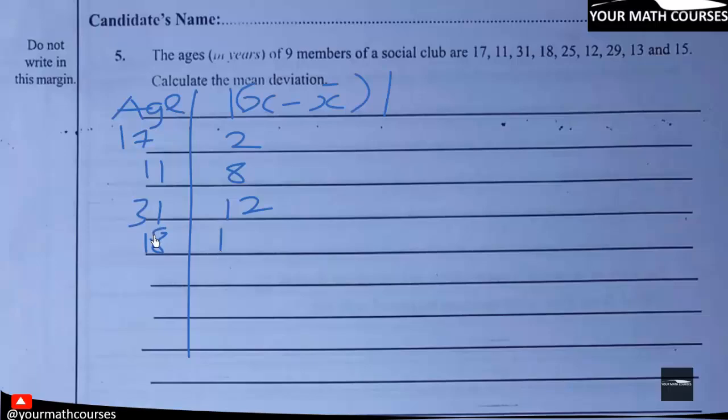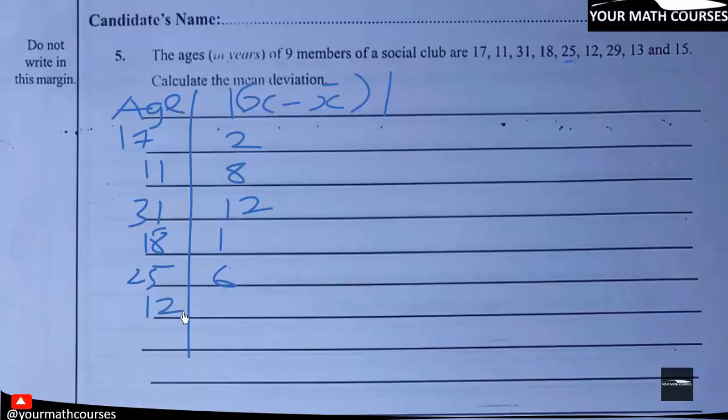Then we have 25. 19 minus 25 will give us negative 6. Absolute value is 6. We have 12 again. 19 minus 12, or 12 minus 19, will give us negative 7. Absolute value of negative 7 is 7.